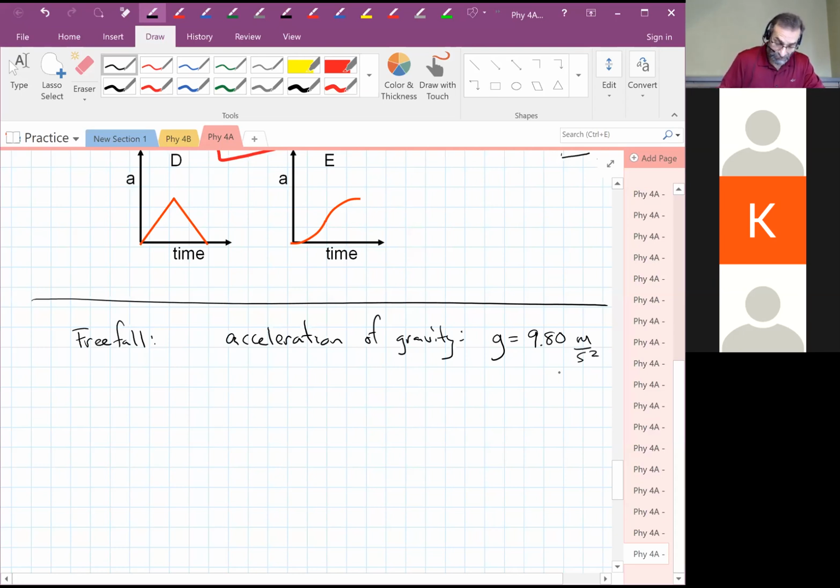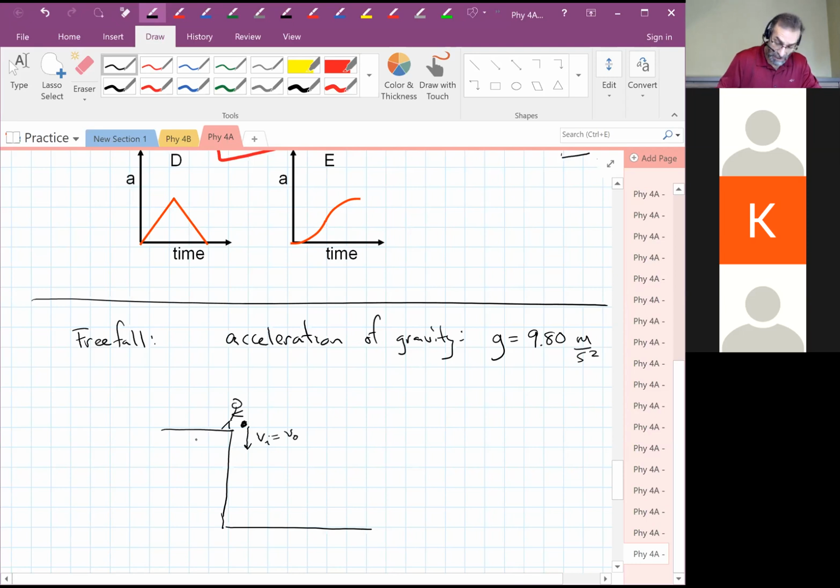So let's look at this problem. You're standing at the edge of a cliff. That's you. And you've got a ball here, and you throw it straight down with some initial velocity. Let's just call that v naught.